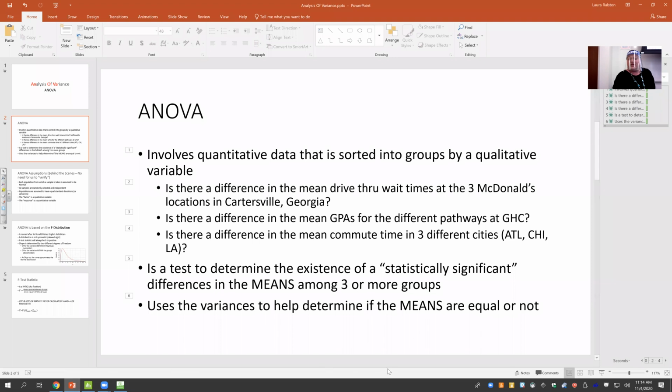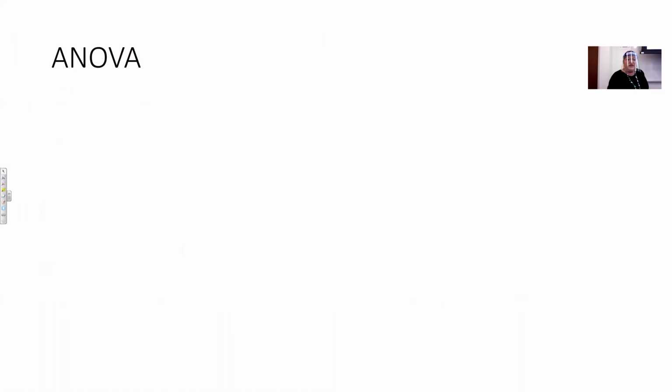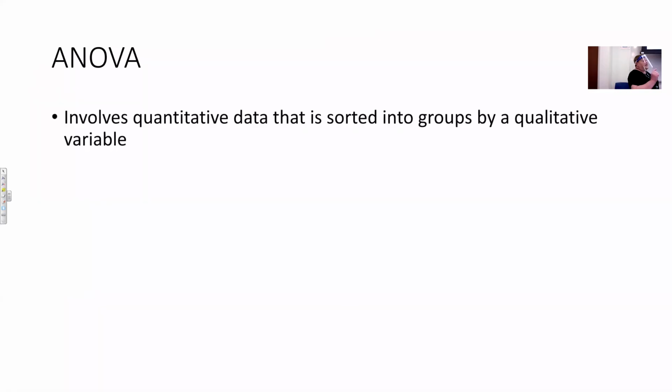The difference between ANOVA and some of the others is this. ANOVA is quantitative data that has been sorted into groups by a qualitative variable. So it's kind of a combination of the two, because you're going to have numbers that are sorted into groups by some word or phrase, by some category.